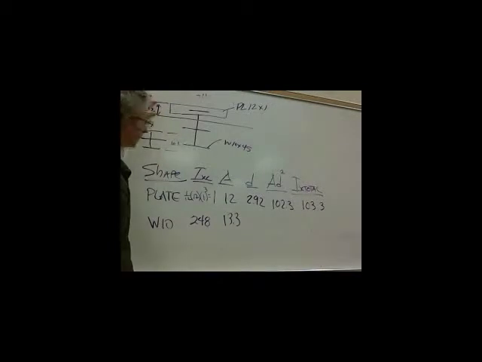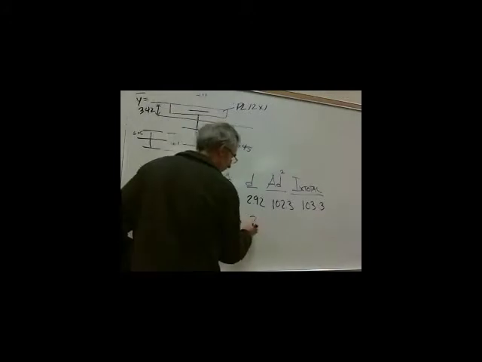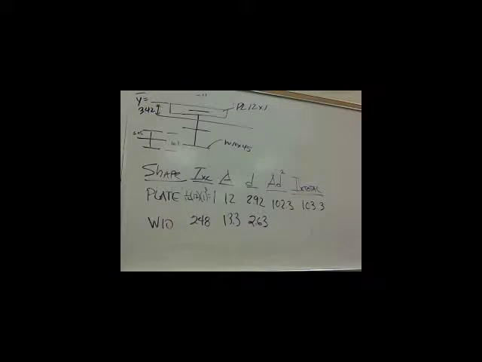The axis for the entire shape is 3.42 inches down from the top. How about 6.05 minus 3.42? What's that? 2.63. There's d. Take d, square it, multiply it by the area.